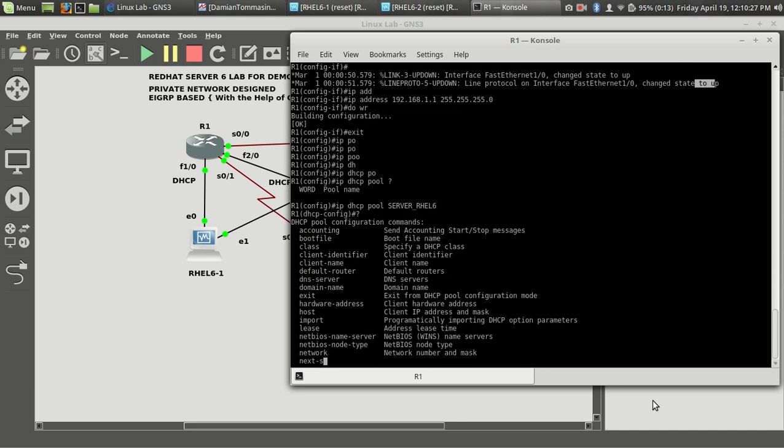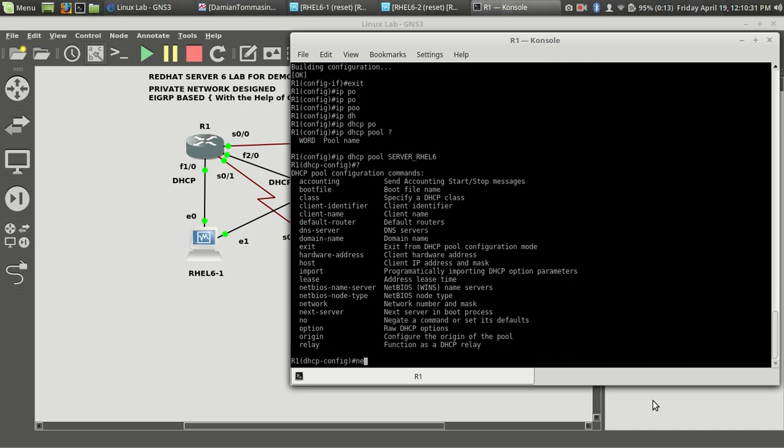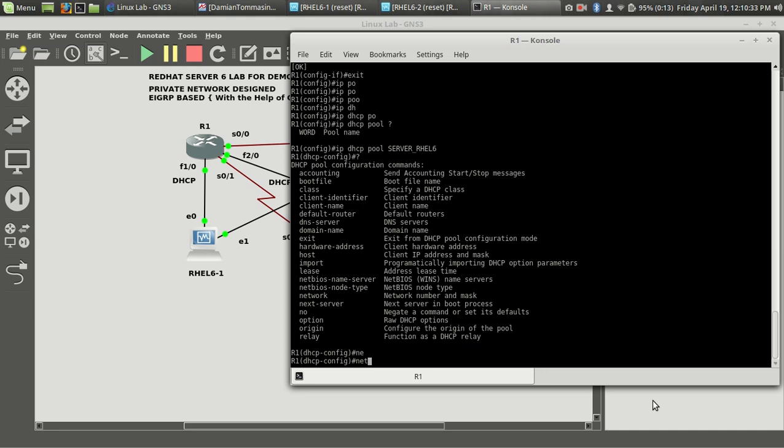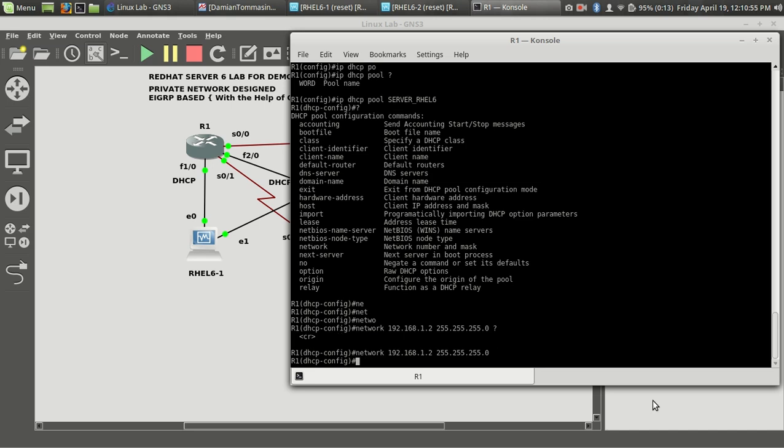In this pool I have to configure the network. I am giving the IP address 192.168.1.1 series of IPs. Is there any option? Nothing else. Just hit enter.